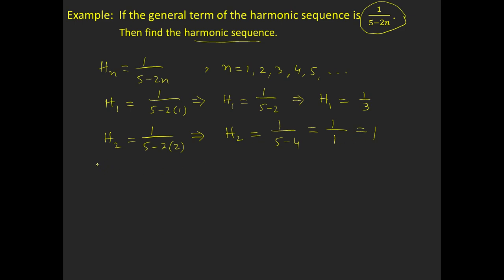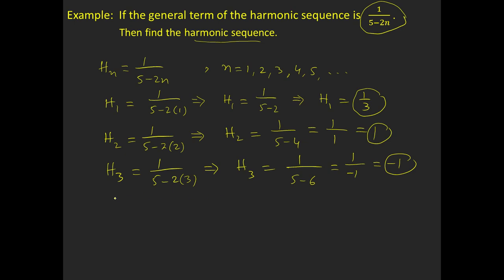Now put n is equal to 3 in this general term. So h3 is 1 over 5 minus 2 multiplied by 3. So h3 is equal to 1 divided by 5 minus 6, and the answer is 1 divided by minus 1, and at the end it is minus 1. So we have got 3 terms.